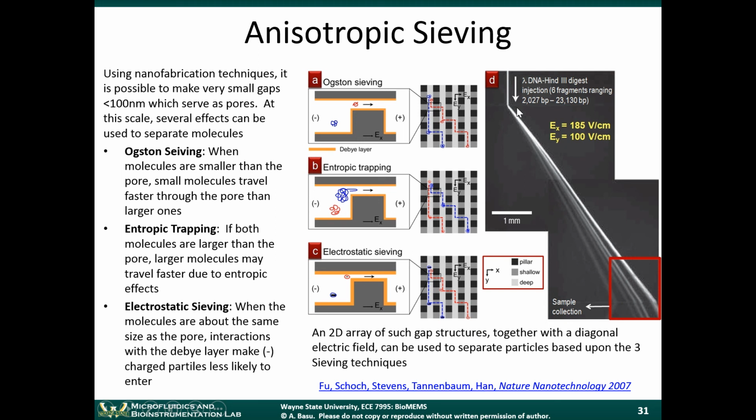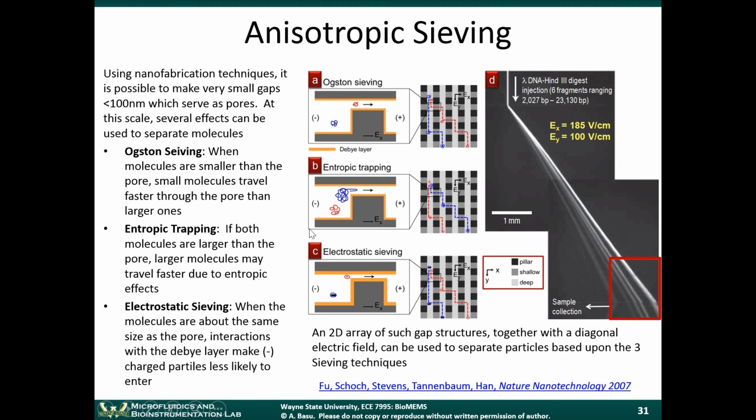Over time, you inject your sample onto one side, and the molecules start traveling out at different speeds. This looks like continuous flow electrophoresis, but the separation resolution is quite good. You see the different streaks representing different size molecules. So a 2D array of such gap structures can be used to separate particles depending on these three mechanisms.